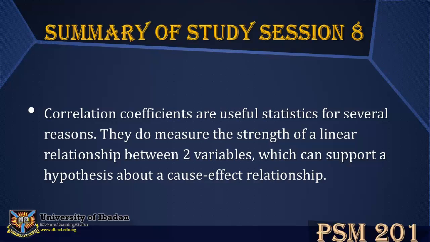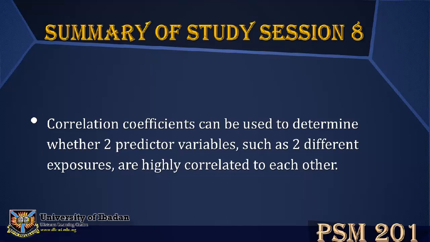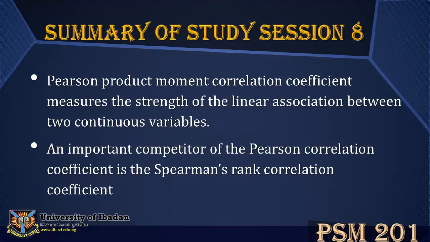They do measure the strength of a linear relationship between two variables, which can support a hypothesis about a cause-effect relationship. Correlation coefficients can be used to determine whether two predictor variables, such as two different exposures, are highly correlated to each other. Pearson product moment correlation coefficient measures the strength of the linear association between two continuous variables.